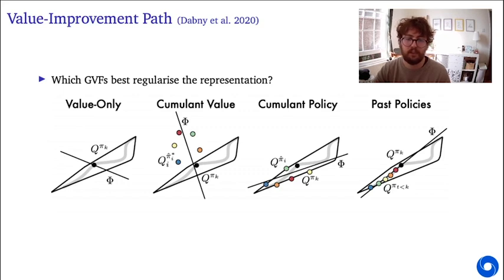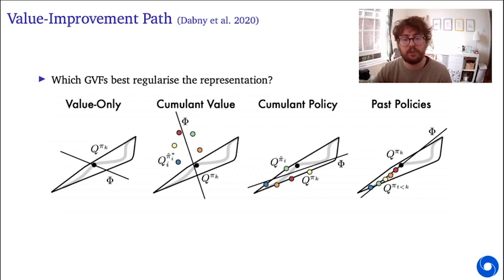So now the representation is forced to support a range of values within the polytope, and given the geometric structure of this space of value functions, it actually can be shown that for a suitable set and choice of policies, the induced representation will capture the principal components of the value polytope, and therefore provide good support to approximating values in the polytope and including the ones in the value improvement path. But unfortunately, the exact solution to construct the right set of policies is computationally intractable.